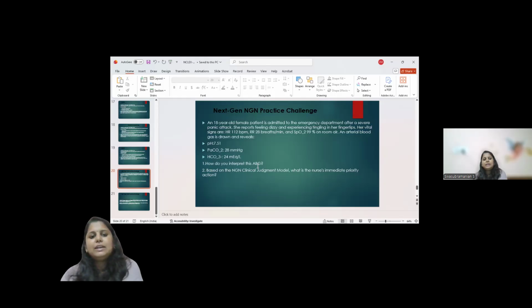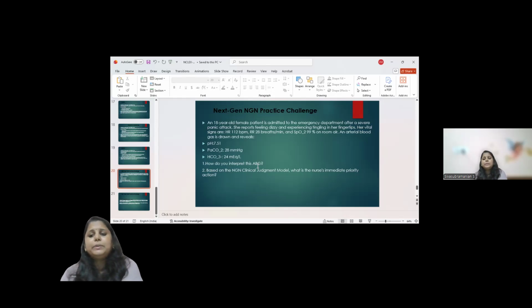An arterial blood gas is drawn and it reveals the following results: pH is 7.51, PaCO2 is 28 mmHg, bicarbonate is 24 milliequivalents per liter.